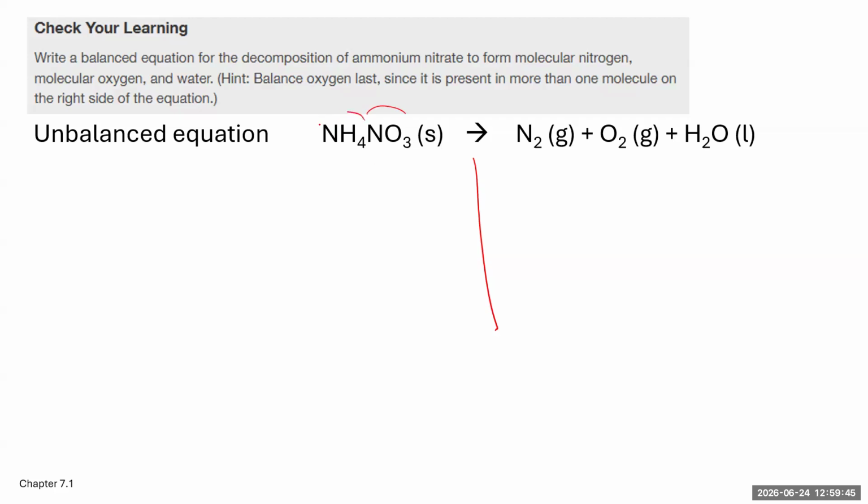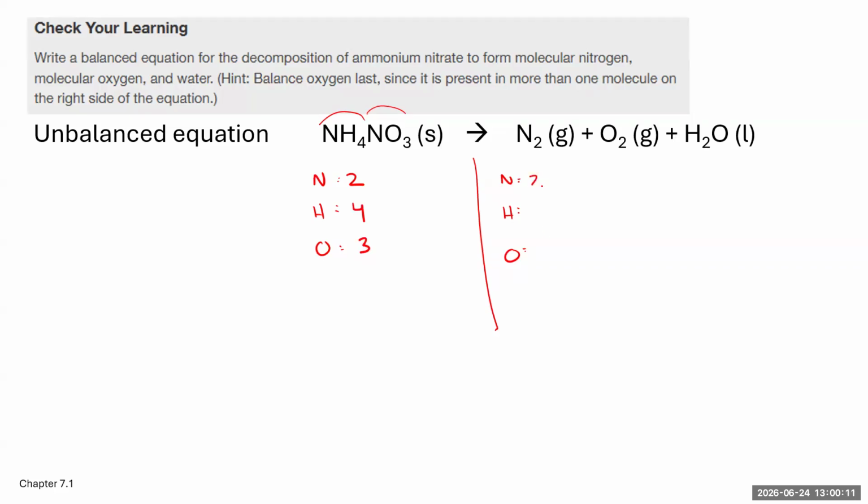I see a polyatomic ion here, but they're not the same on both sides, so we're going to leave them separate. Let's balance. Let's do inventory for the atoms. Okay. We have 2 nitrogens, 4 hydrogens, 3 oxygens.